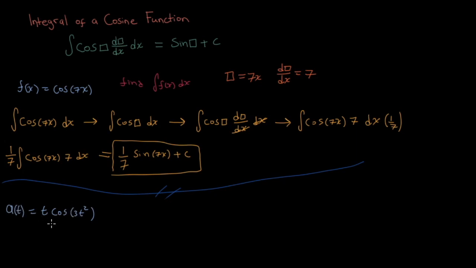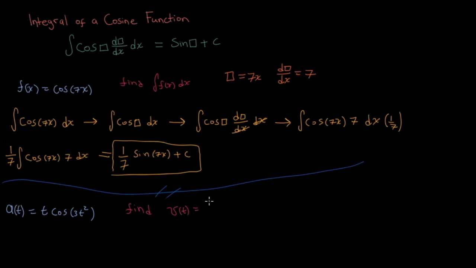And then what we're asked to do is find the speed from that acceleration. So the question asks us to find v at t. Find the average speed.